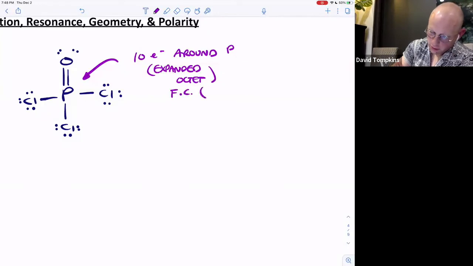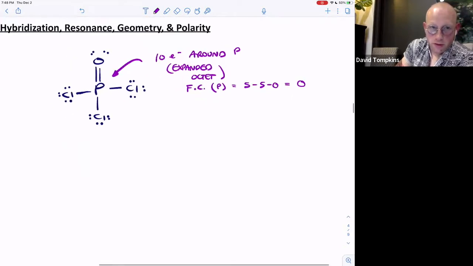Remember, you can calculate formal charge. For phosphorus, it has 5 valence electrons, and here it's making 5 bonds, and it has 0 lone electrons, so it has 0 formal charge. It's pretty happy.